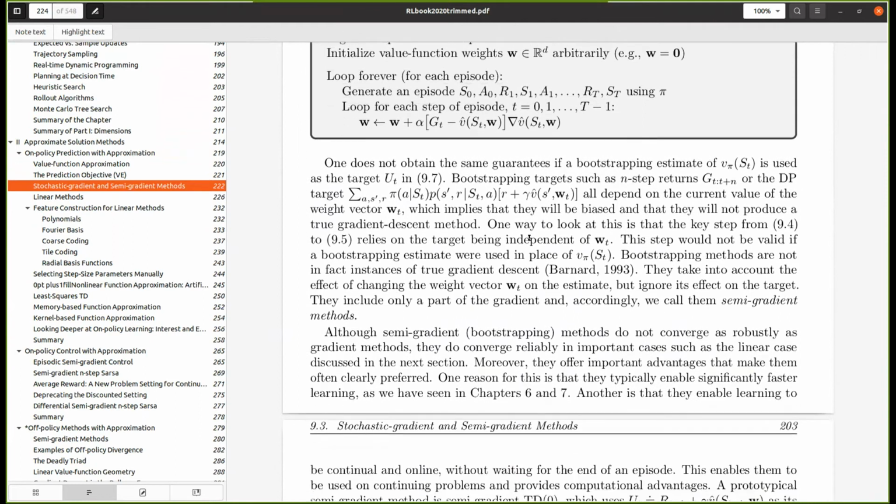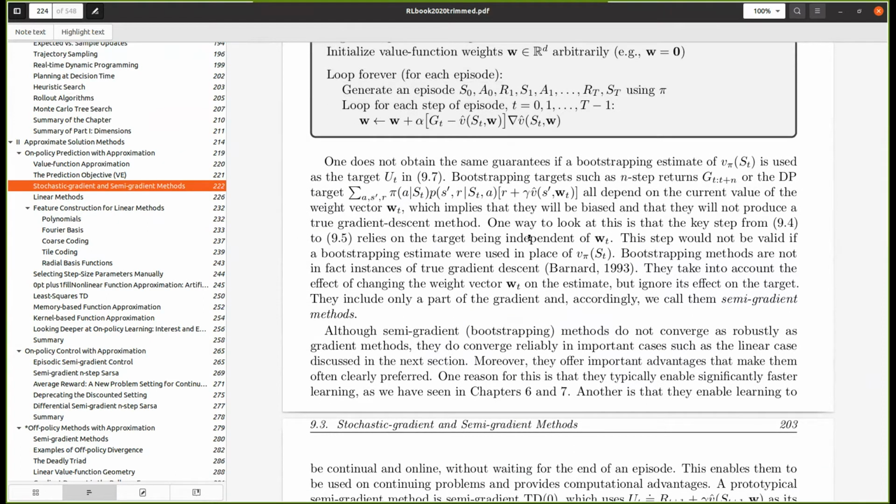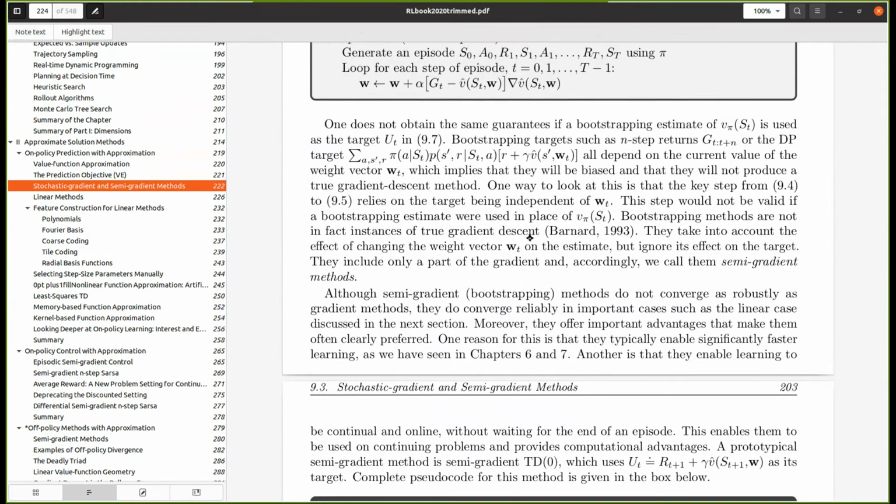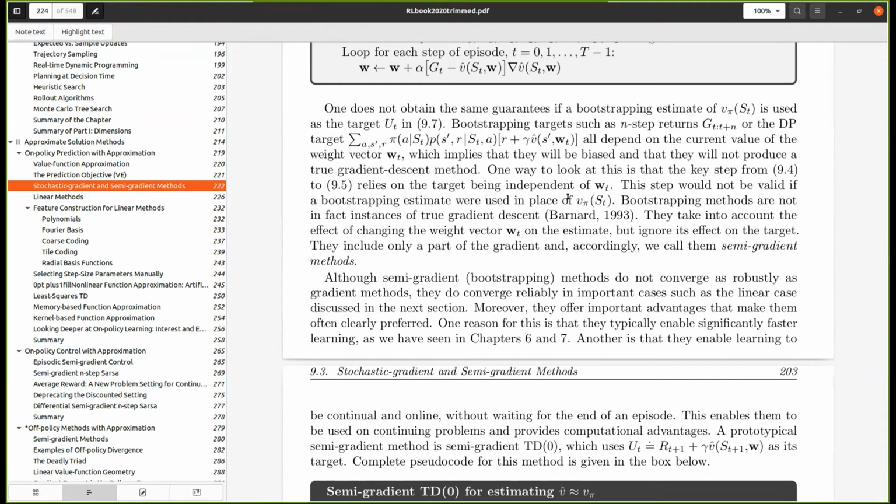All right, now let's move to the algorithms that are used in bootstrapping. Bootstrapping here is a bit different, because the whole idea of bootstrapping is to use the learned values of the value function to approximate the expected returns, right?